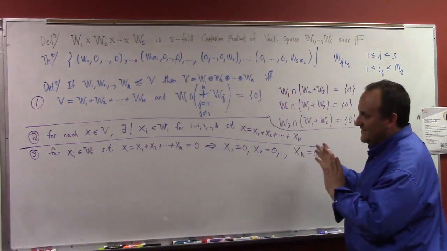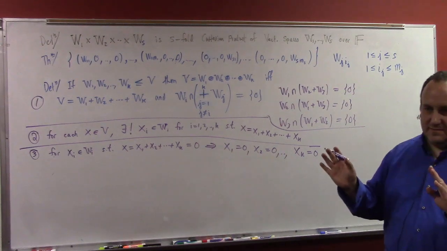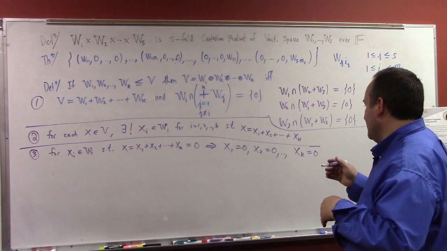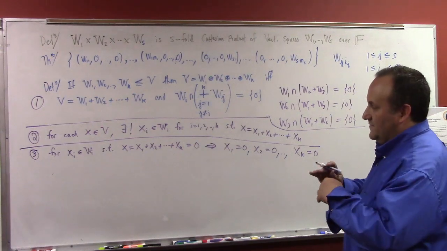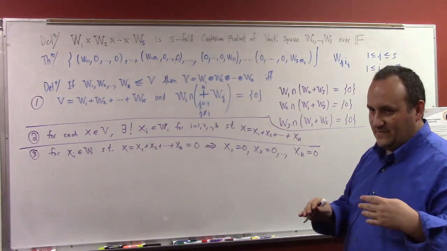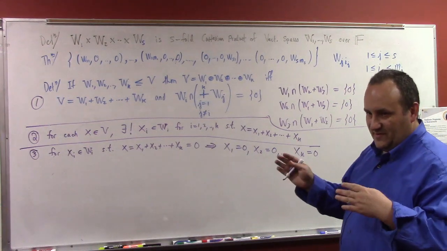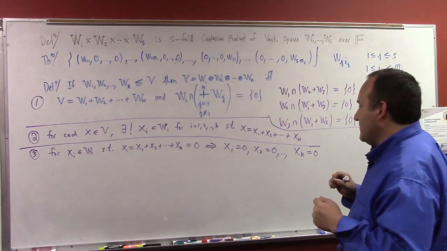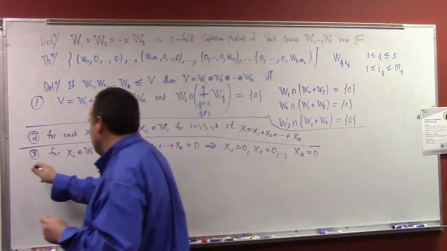In other words, you can only build 0 for the whole space as a sum of the zeros in the subspaces. There's no way to build 0 except from the 0 vector in each subspace. That's another characterization.